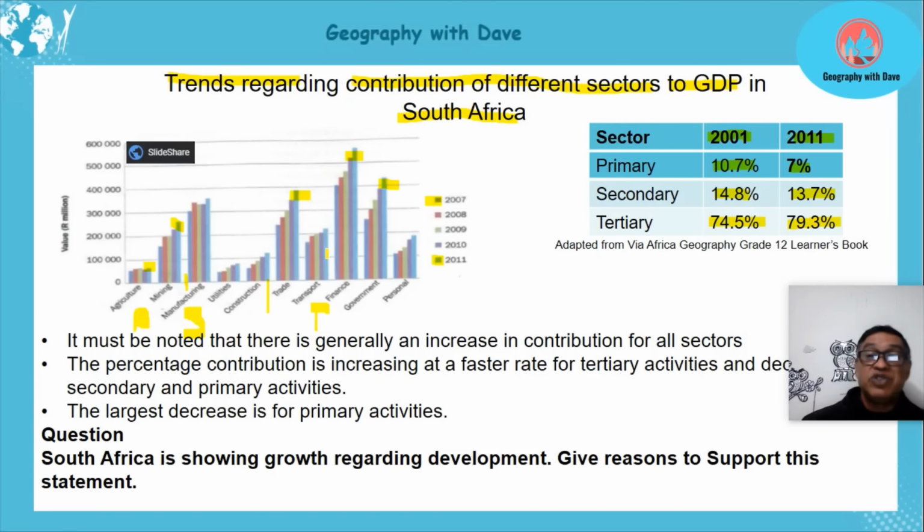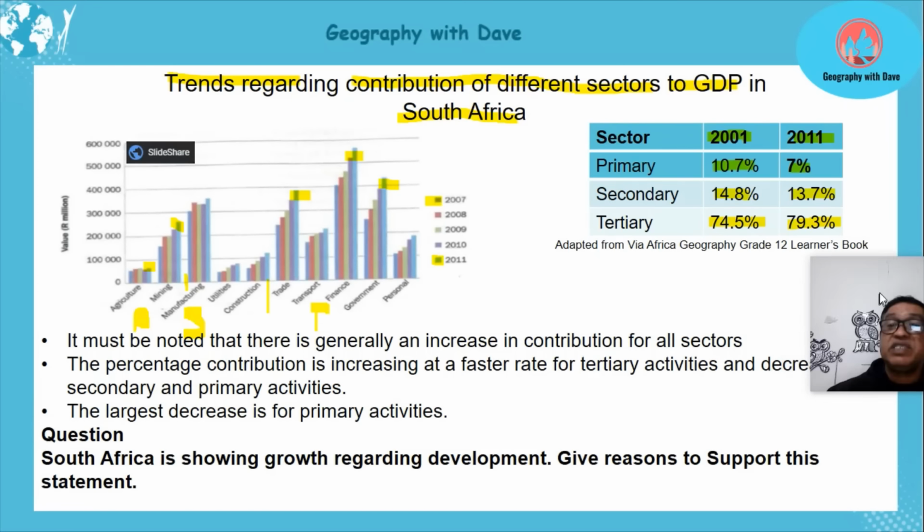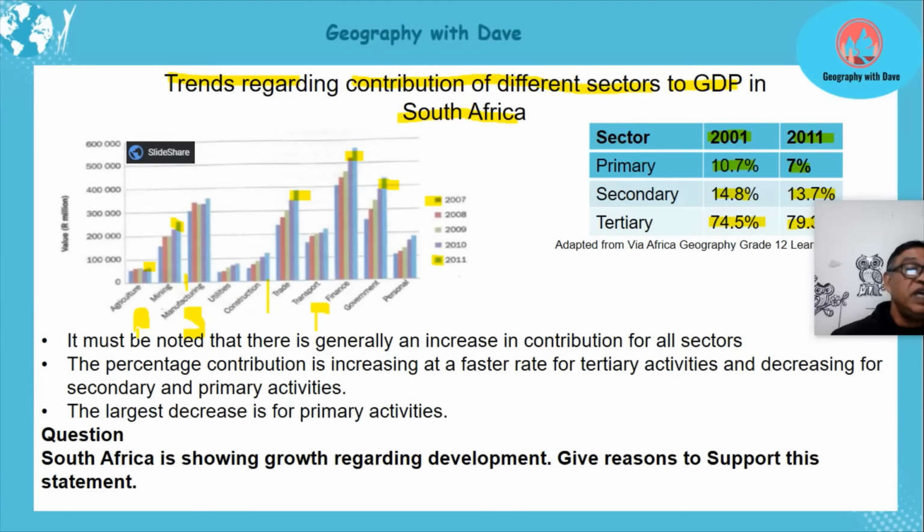So what can we see from this? It must be noted that there's a general increase in contribution from all sectors. But the percentage contribution is increasing at a faster rate for tertiary activities, and decreasing for secondary activities.